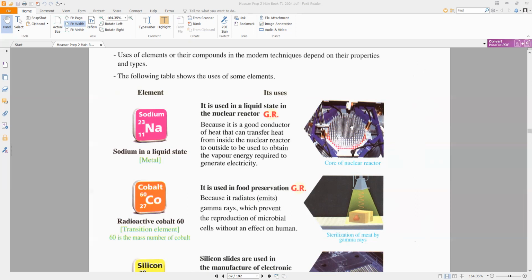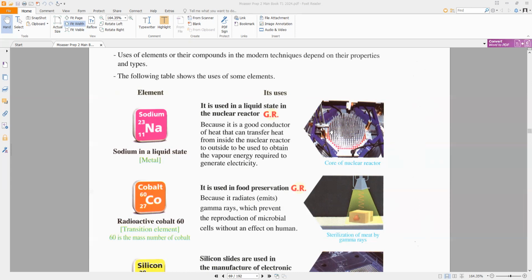We generate electricity by heating the water. The water vapor moves a machine called a turbine and generator to generate electricity.